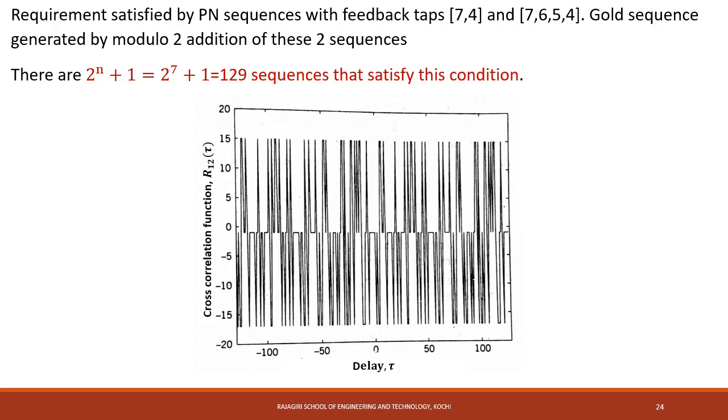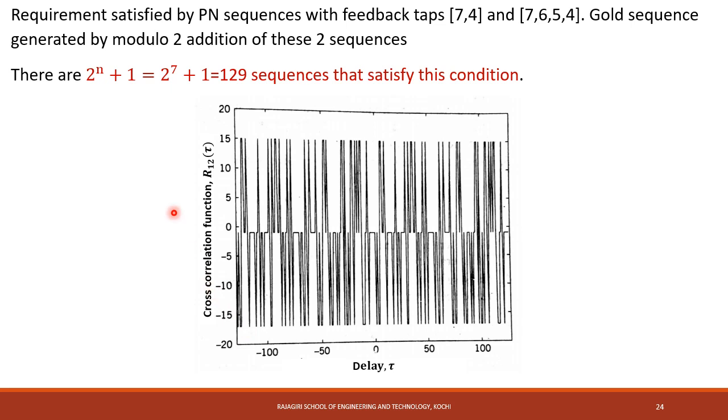So here we are seeing that we are forming a Gold code using the modulo 2 addition of two different LFSRs, 7, 4 and 7, 6, 5, 4. Now the cross correlation function between the different Gold codes is as shown in this figure. Now the maximal value of the cross correlation is limited to 17.